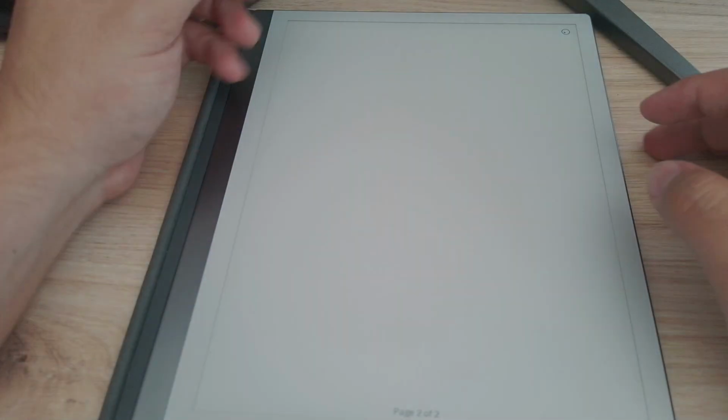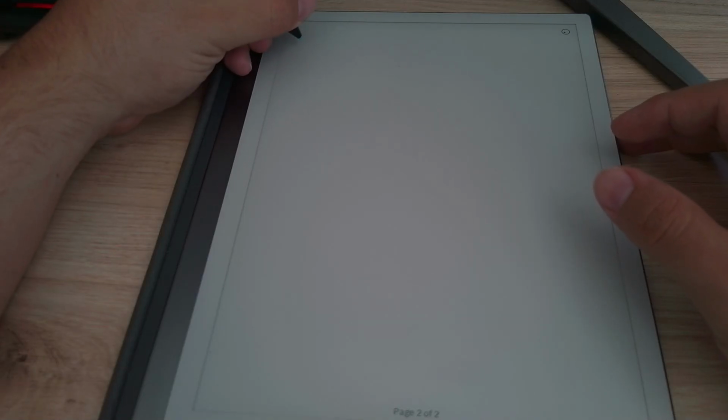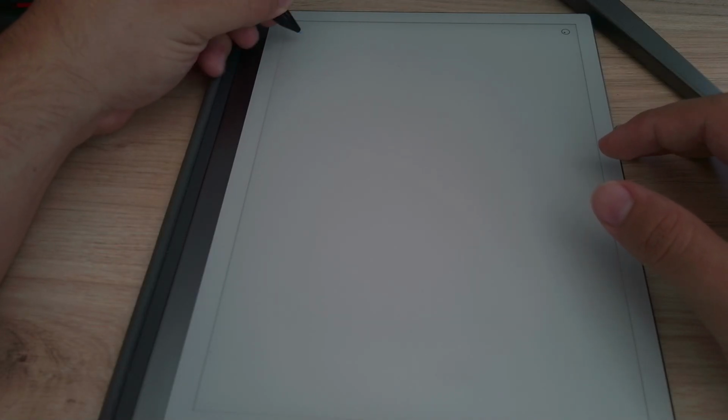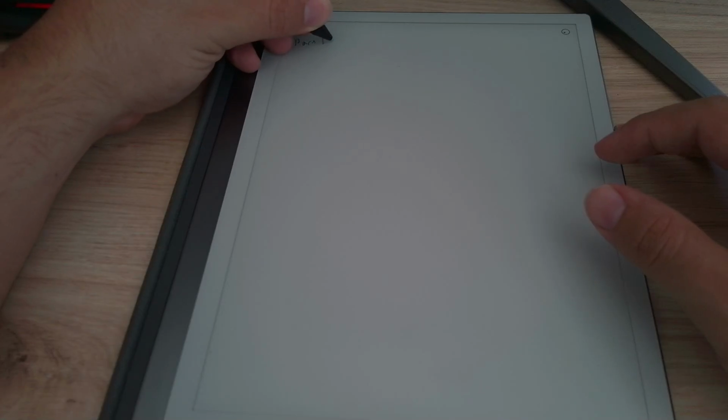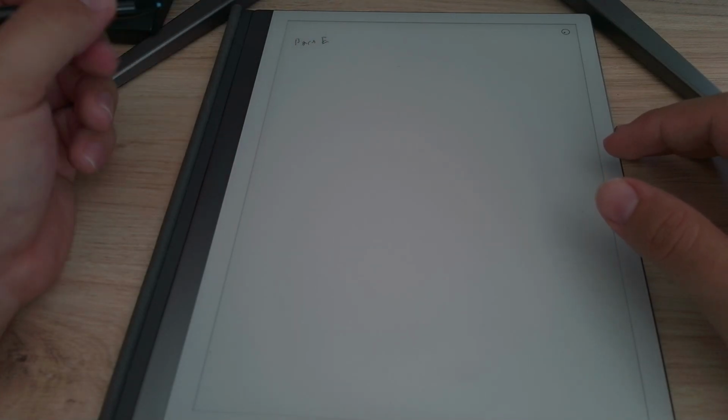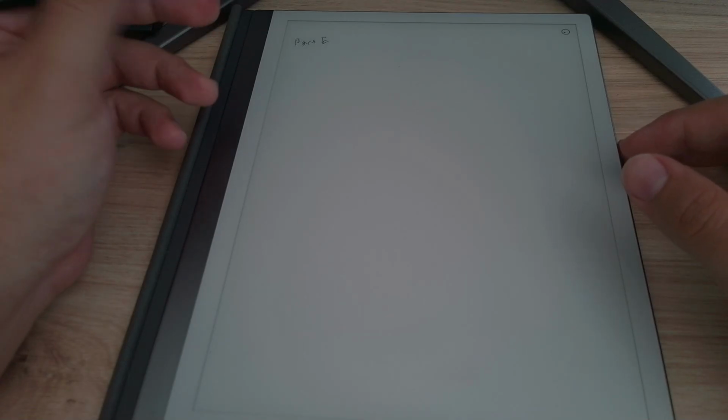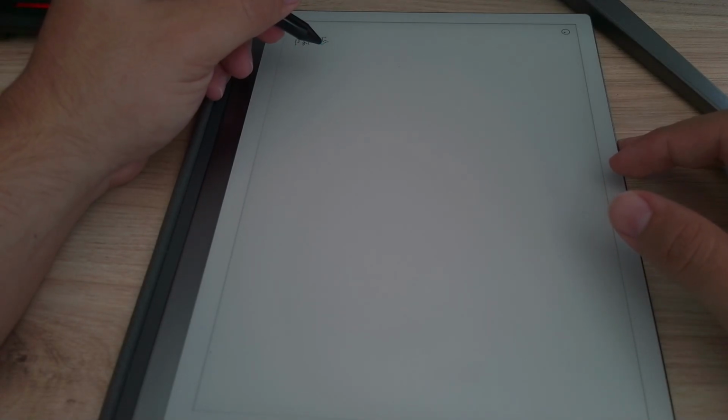So move on to the next page. And then we'll do part E. So now we have to find the phase angle of it all.